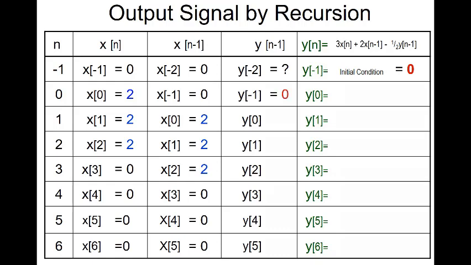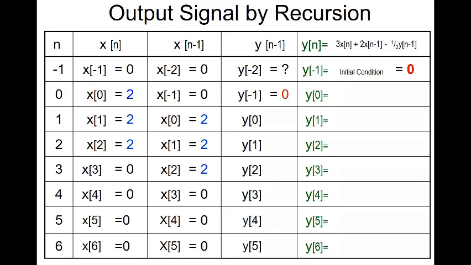Now, at index n equals 0, I have all the information I need to compute the output at time n equals 0. And so let's keep track of what we compute for the outputs. We were told y of minus 1 is 0.